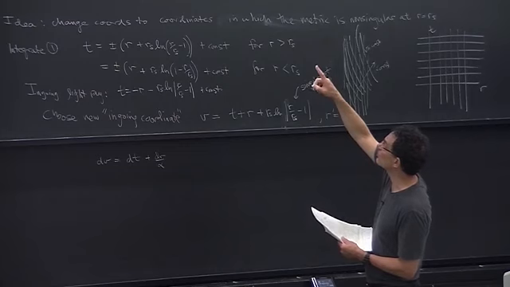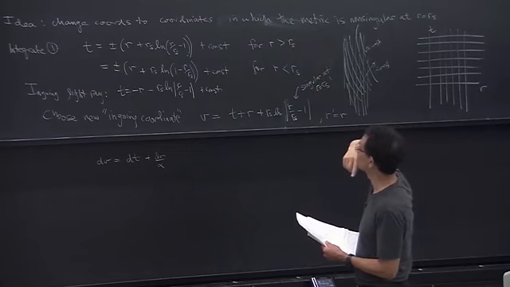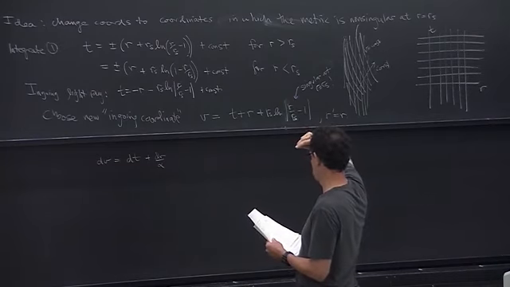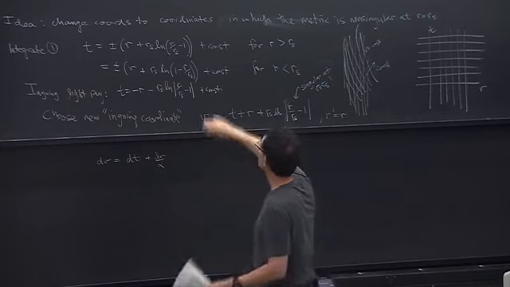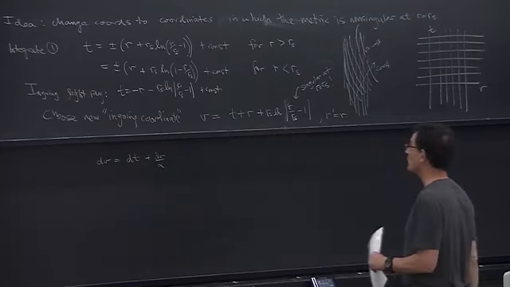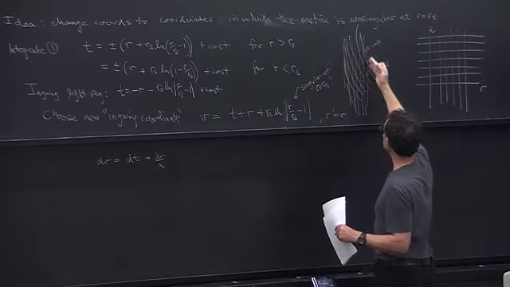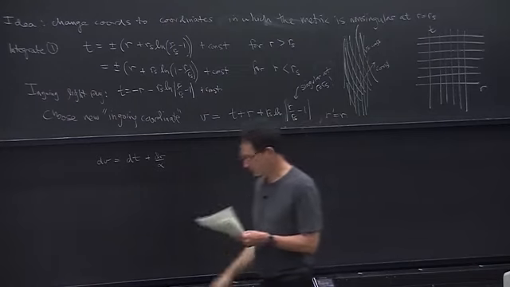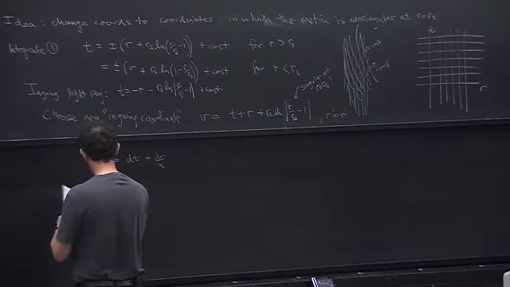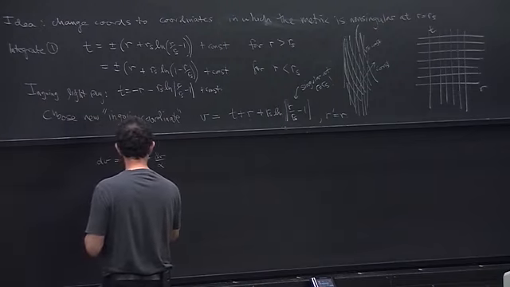You can see that also from, yeah, I mean, that really arose right back there where we found the two null trajectories. So dv is 0 along these lines, because these are lines of v equals constant. And so ds squared is equal to minus alpha dv.